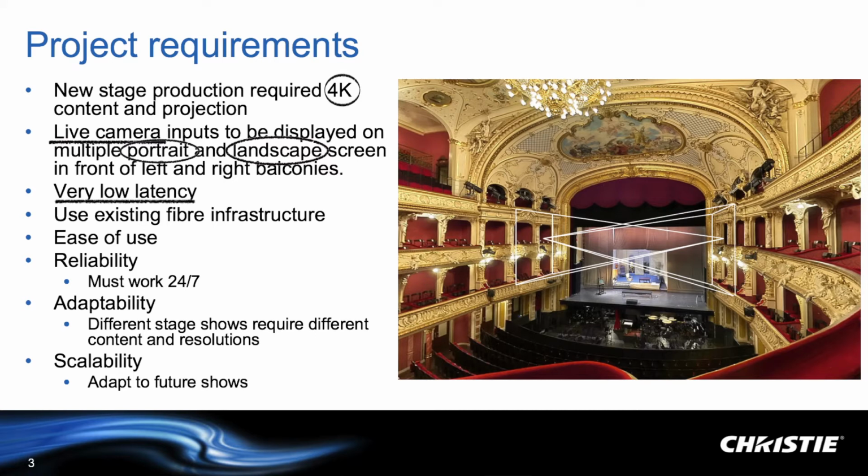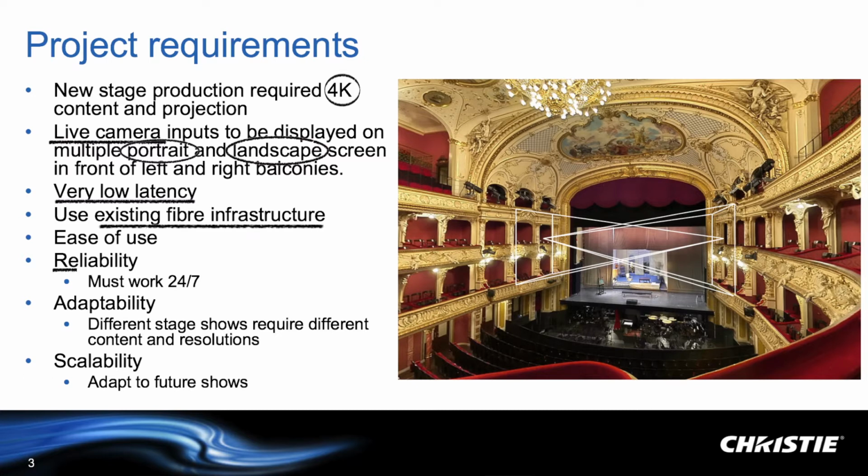They needed very low latency because of the cameras, so the idea was to film the artist on stage and project them onto these different screens in real time. They wanted us to use the existing fiber infrastructure that was very useful for us.